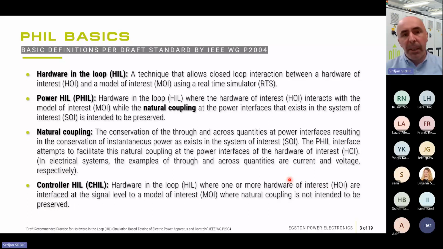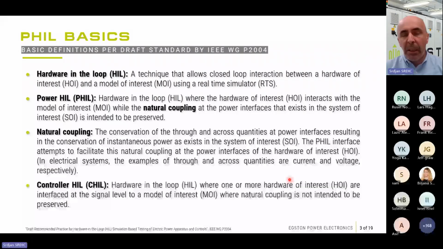So we already see that there are two different parts of the entire system: hardware of interest and model of interest. The power HIL is the type of hardware in the loop where the hardware of interest interacts with the model over the interfaces, while so-called natural coupling over those interfaces is preserved.